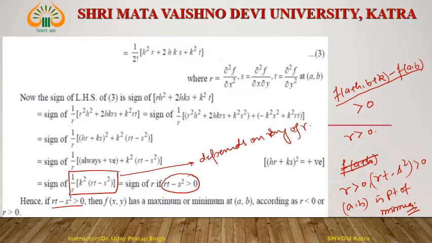Next, if rt minus s square is greater than 0 and r is less than 0, then f of a plus h, b plus k minus f of ab is less than 0, and in this case ab is a point of maximum.